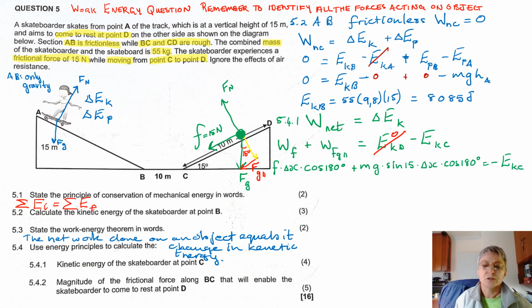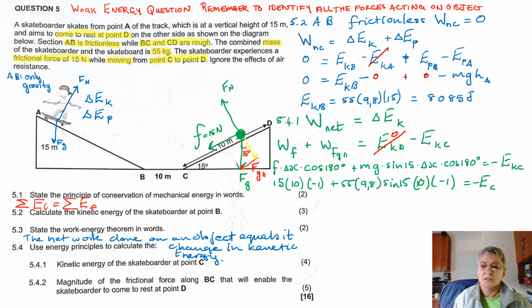If we substitute the values, it's 15 times 10 times minus 1 plus 55 times 9.8 times sine 15 times 10 times negative 1 and that gives us negative EKC.